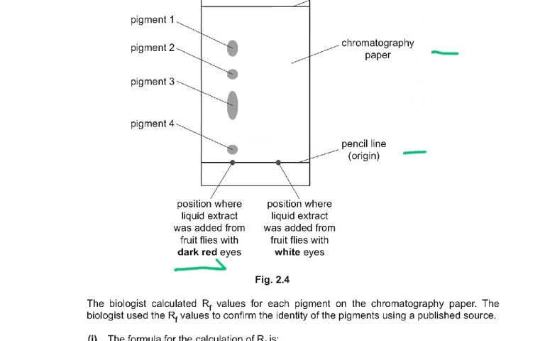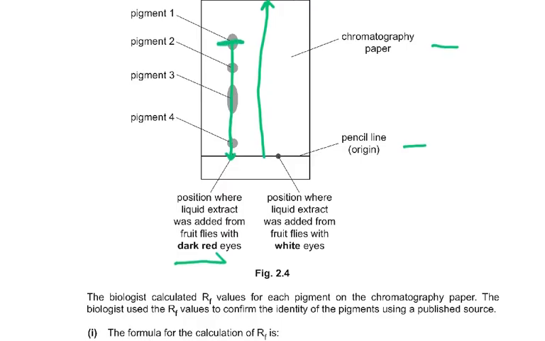Where is pigment 1? Let's look at that. This is pigment 1. So you have to measure the length from here to here, and then you have to measure the solvent front from here to here. And please remember it's to the center of the pigment. So this was the center of that pigment.